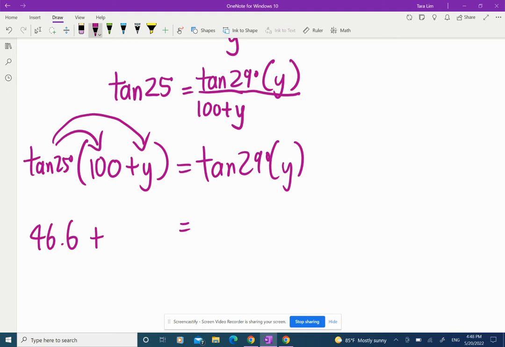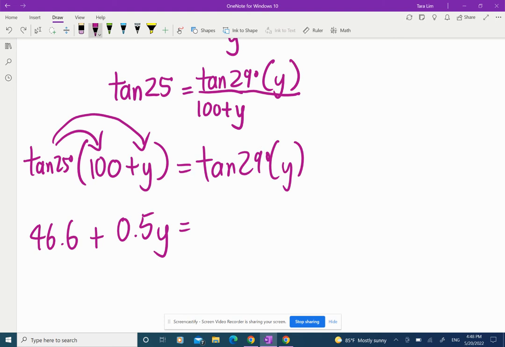Now, I don't know what y is, so I'm just going to write tan 25 y. But instead of writing tan 25, I'll write the decimal on my calculator, which is around 0.47 y, is equal to tan 29 times y.